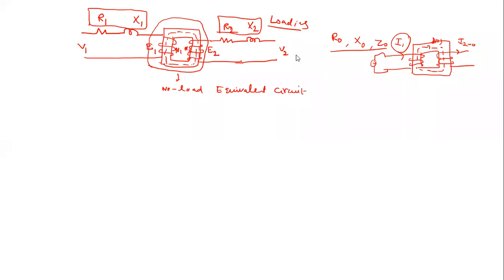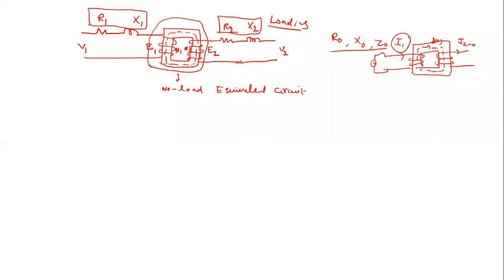Right. So under no load, please recall, we get all of R0, X0, Z0. Under no load, the leakage flux will be neglected because it is not getting loaded.